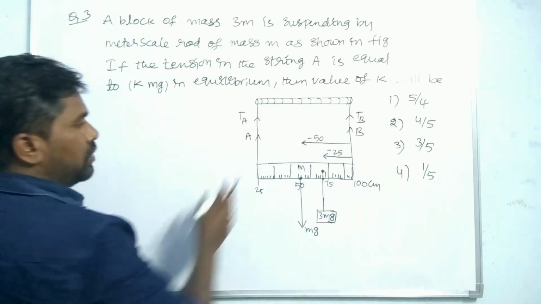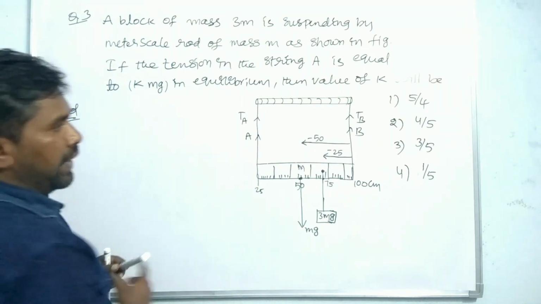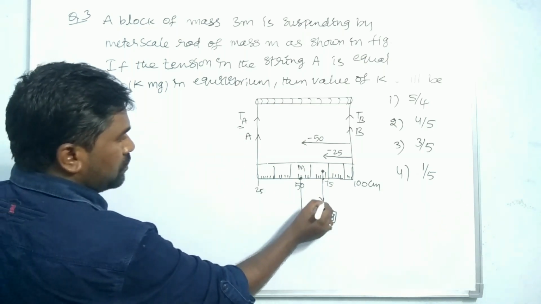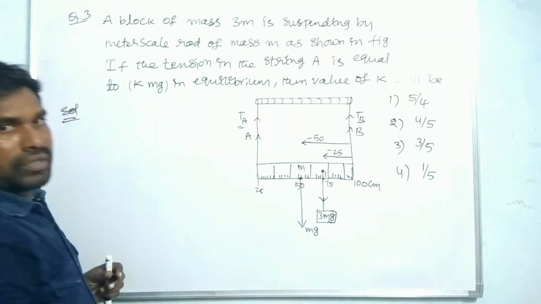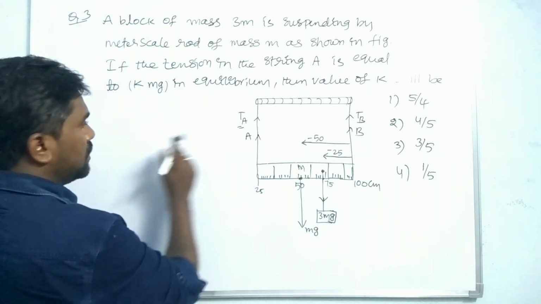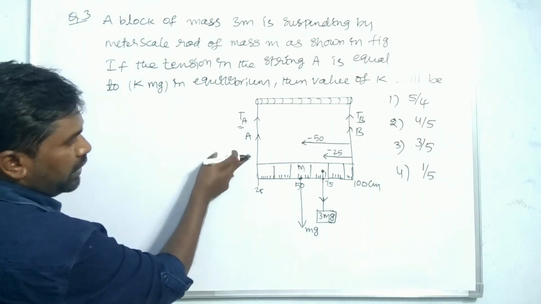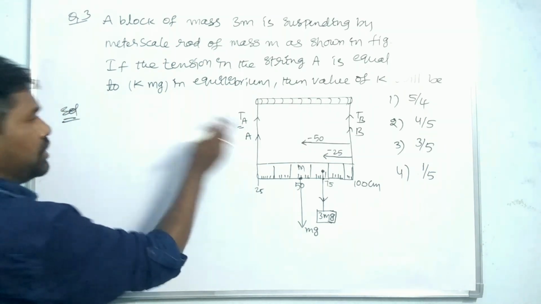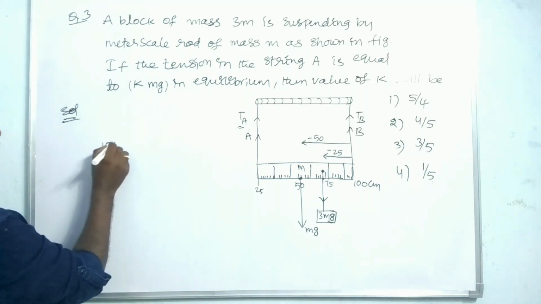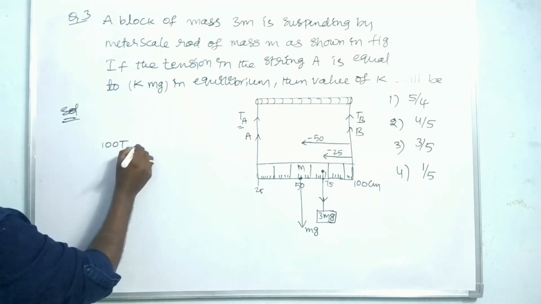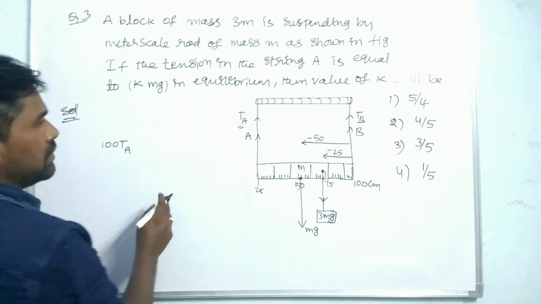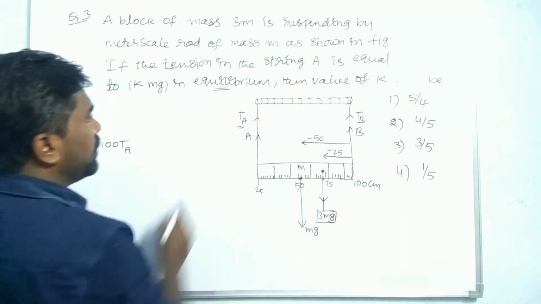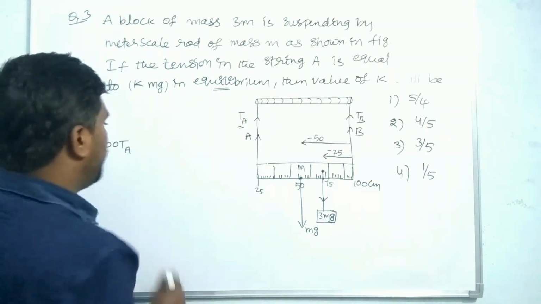So let us write the total torque. Upward forces are positive, downward forces are negative. This is the downward force. The equilibrium distance here is 100 centimeter, therefore 100 into TA. In equilibrium the total should be equal to 0.